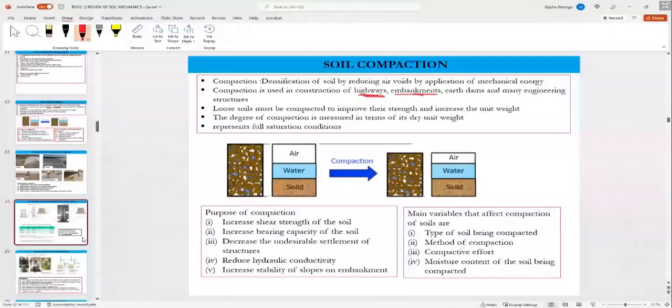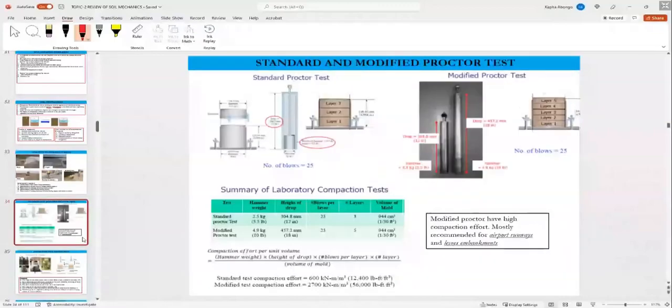So that's the degree of compaction. We have two methods: standard and modified. Standard, you compact in 3 layers. The weight of the hammer is 2.5 kg. Modified is 5 layers.